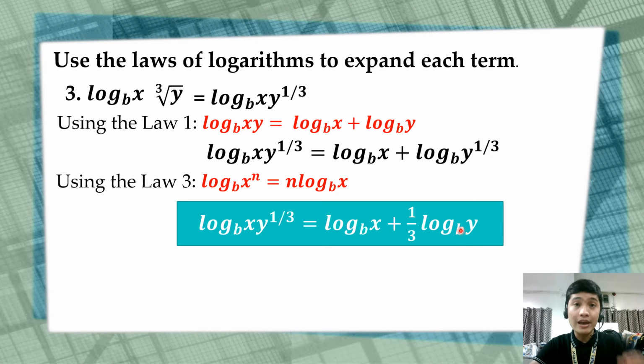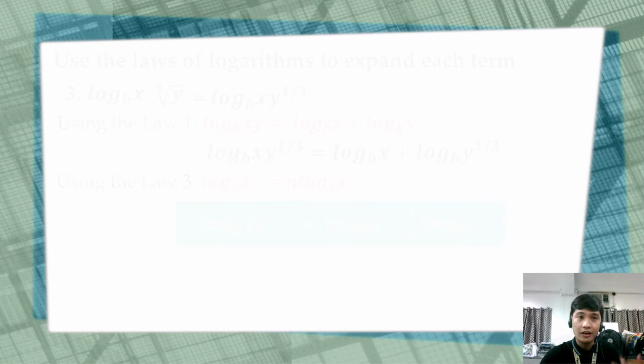Therefore, the full expanded form of logarithm of x cube root of y base b is equal to logarithm of x base b plus 1/3 logarithm of y base b. So that is our example number 3. Now let's do another set of examples, but this time we will reverse everything.